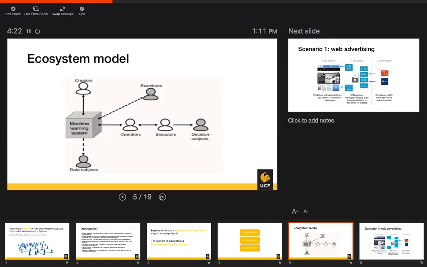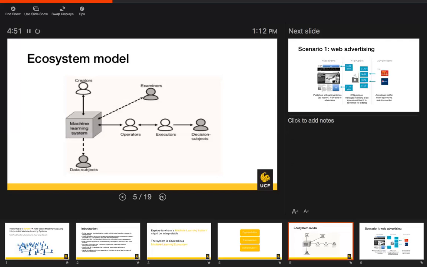The operators have interactions with the machine learning system every day. So the operators provide the system with inputs and directly receive the system's outputs. Executors get the data or information from the operators, then they make the decisions for the machine learning system.